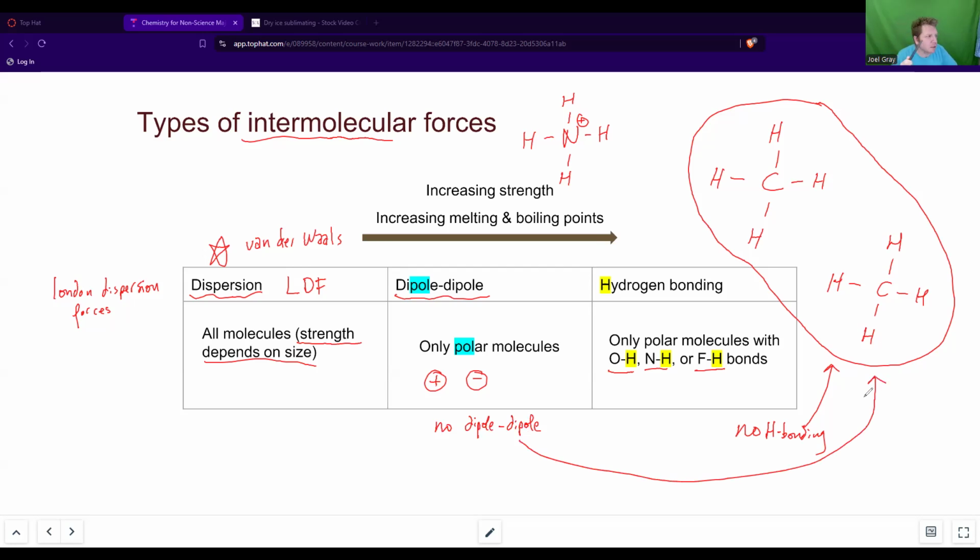Okay, my last but not least are dispersion forces. And remember what I said about, well, everything has dispersion forces. Now here's my question. Do these two CH4 molecules have dispersion forces that kind of attract them to one another?